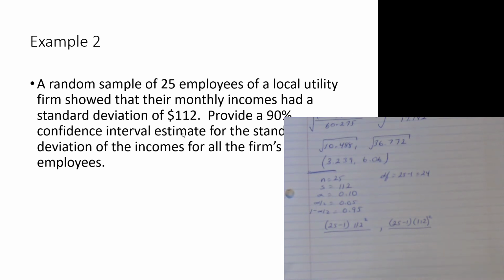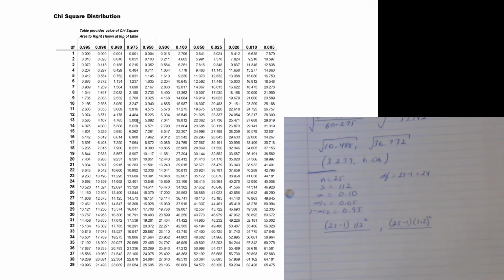Let's go back to the table, and we have our degrees of freedom of 24. So I go with the row for 24. My first one is 0.95, so going across there, I get 13.848.